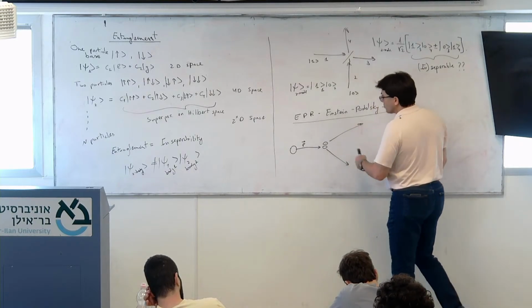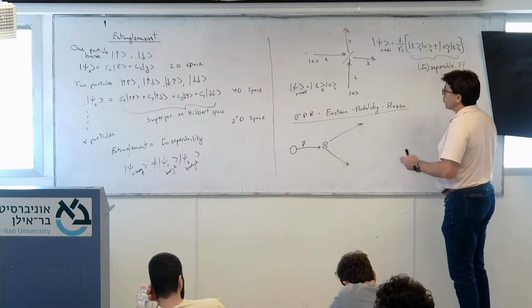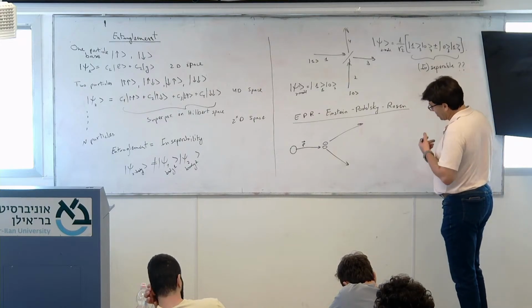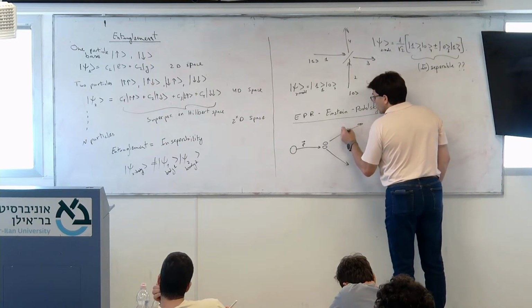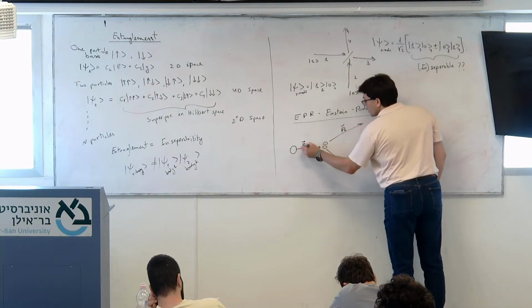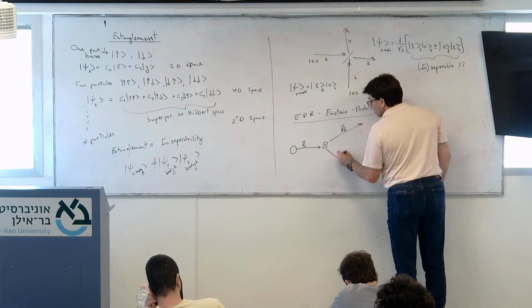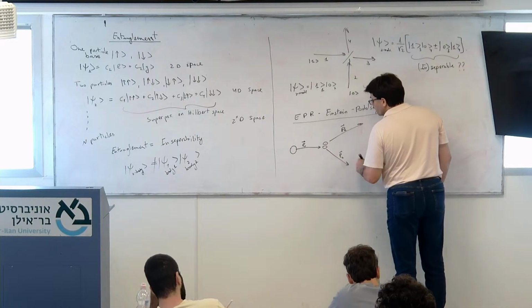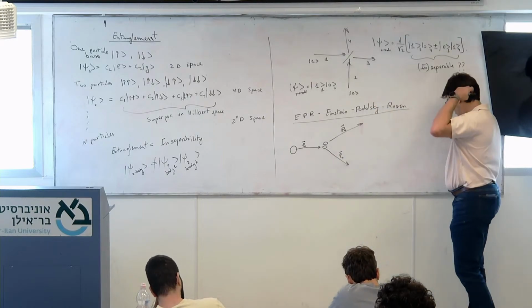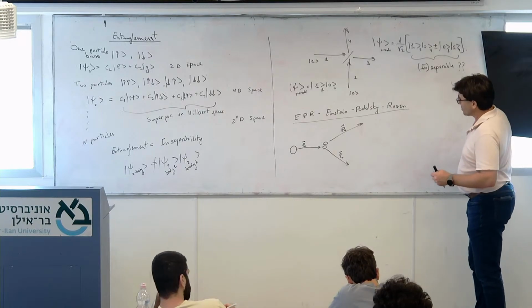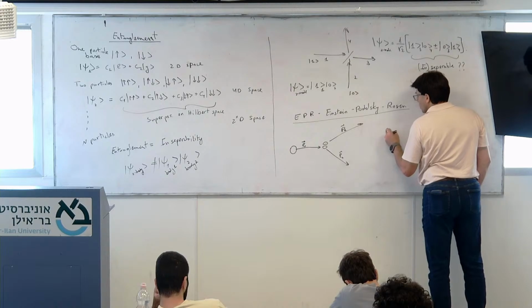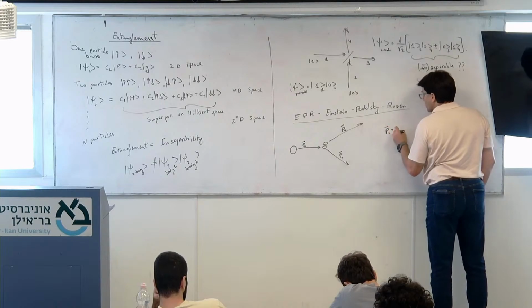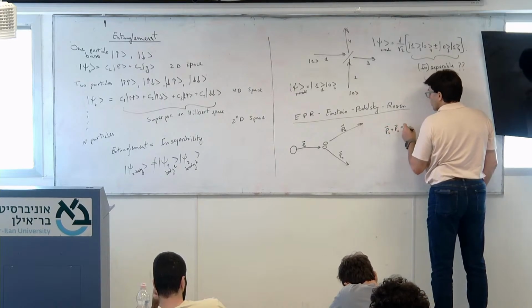Those two particles flew away. This one had P1, this was P0, this one had P2. Then we can say, of course, P1 plus P2 equals P0.